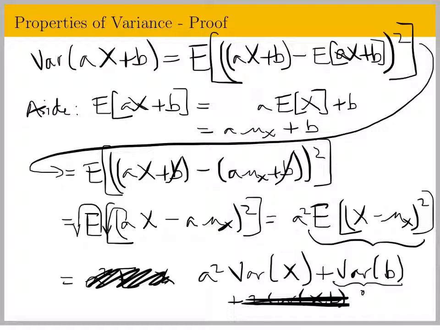It doesn't covary at all with X if it's always the same value and X is moving around. So these two terms don't pop up, and only the terms with random variables pop up, and hence A squared variance of X.